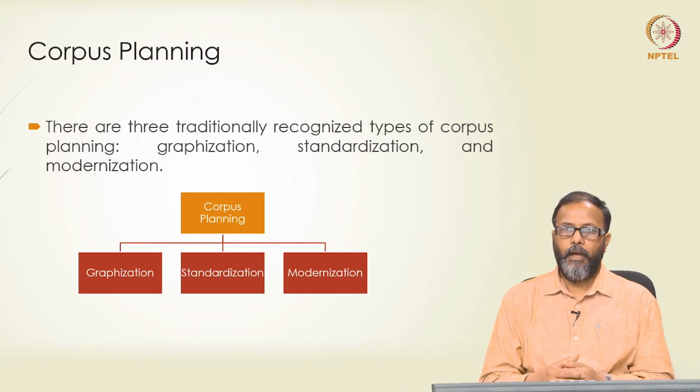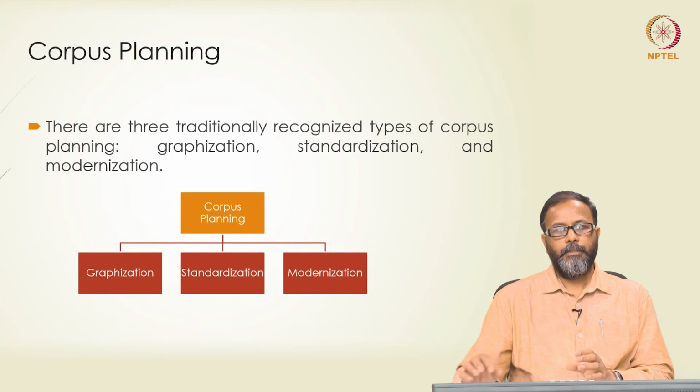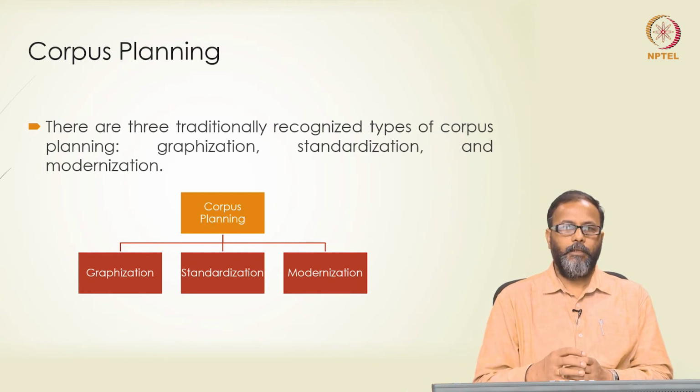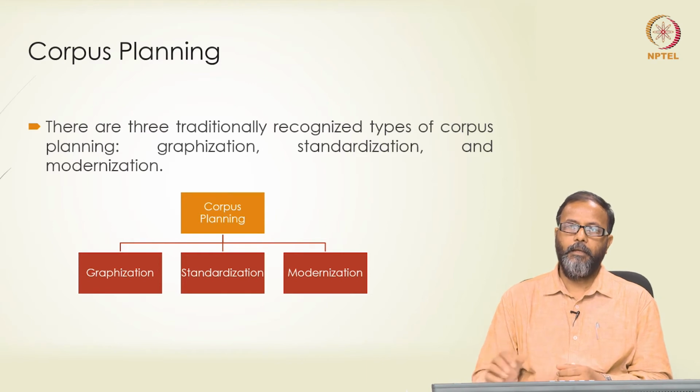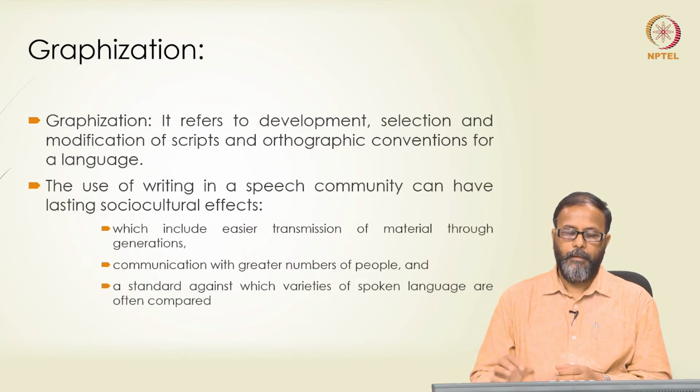Modernization is the requirement to suit the purpose of these extended domains, where the language might require new vocabulary lists, new terms, new expressions, right? So there are three processes involved in corpus planning: graphization, standardization, and modernization.